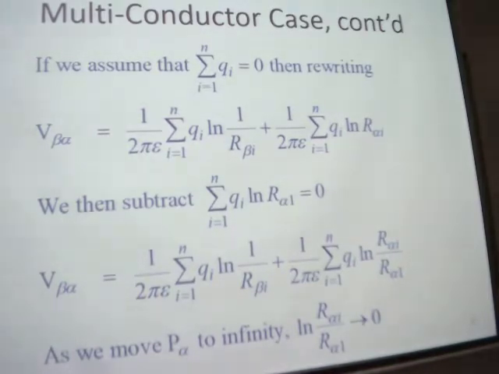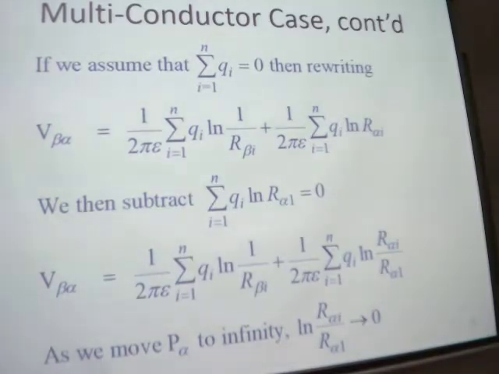And actually, you can believe that this is alpha, and this is conductor i, and this is conductor 1. Alpha is very, very far away, and this is the distance R_i. So if R is infinity, the difference between the distance to conductor i and to conductor 1 will be 0.